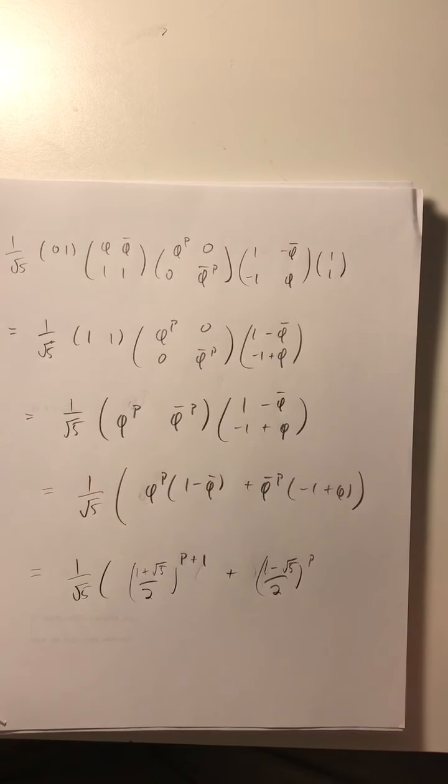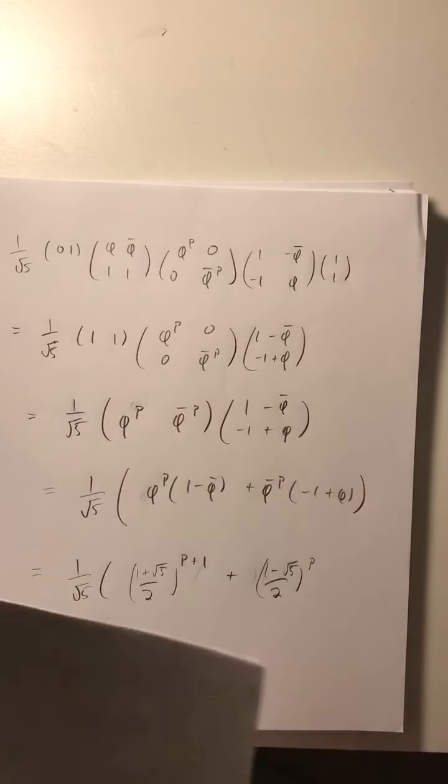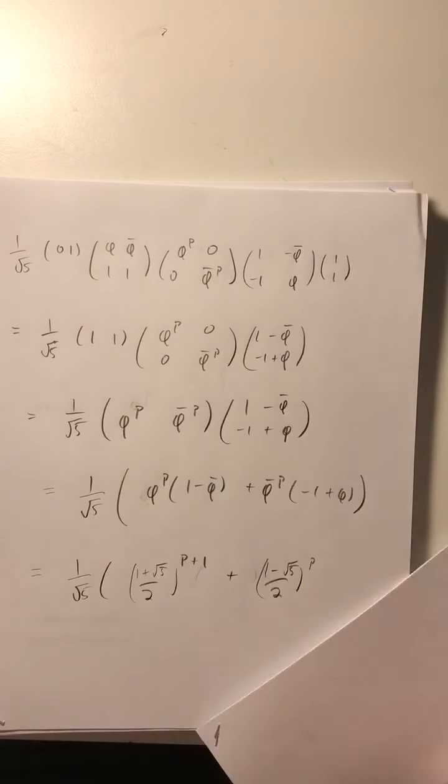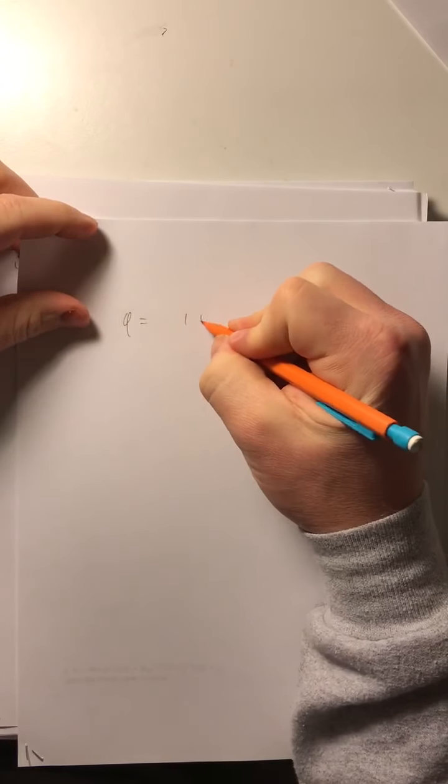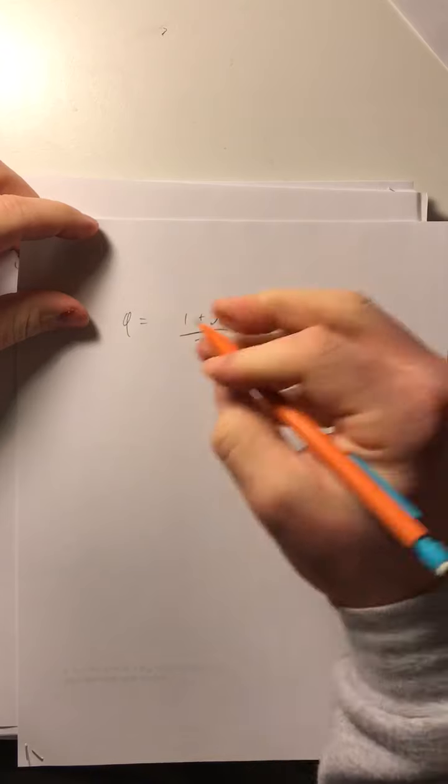And now let's check again. Phi equals 1 plus square root of 5 over 2.